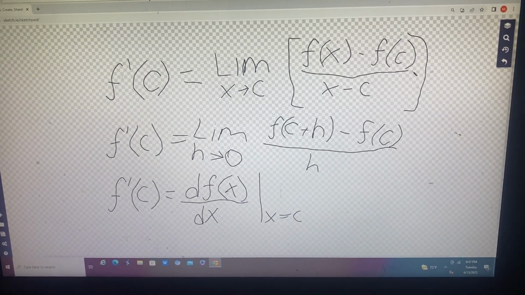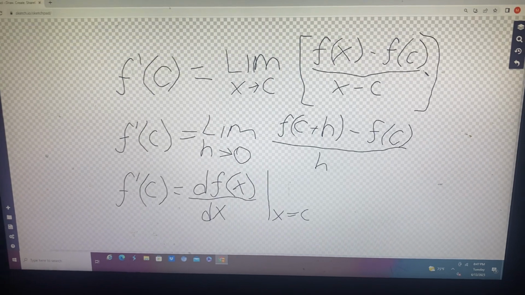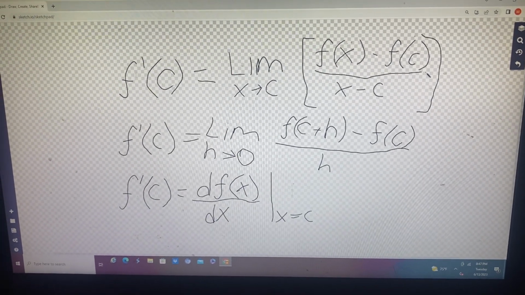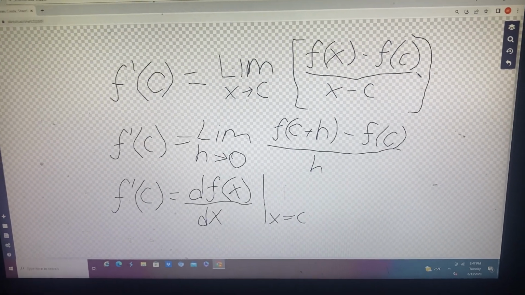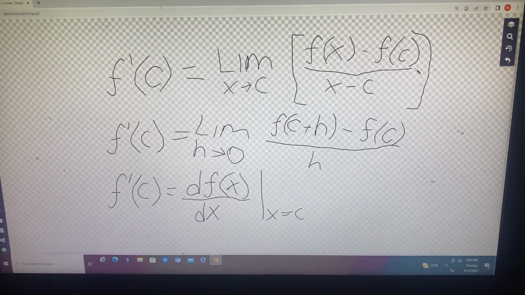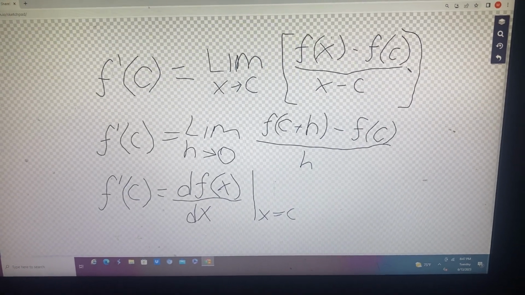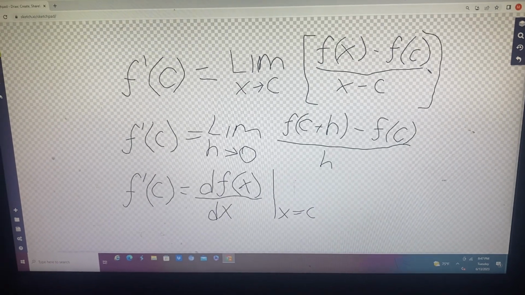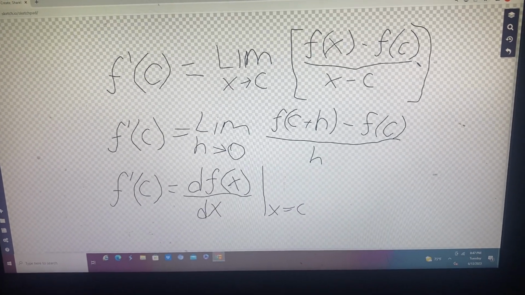The x minus c and the h give off the same idea. They're going to 0, or getting very, very close to 0. In the top, as x approaches c, f of x minus f of c is getting infinitely close to 0. And the same thing is happening for the second equation, f of c plus h minus f of c: as h goes to 0, you're getting very, very close to 0.